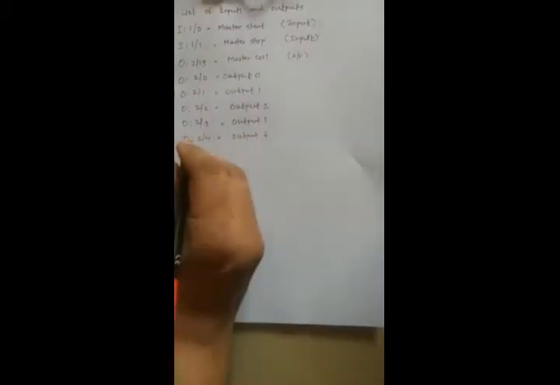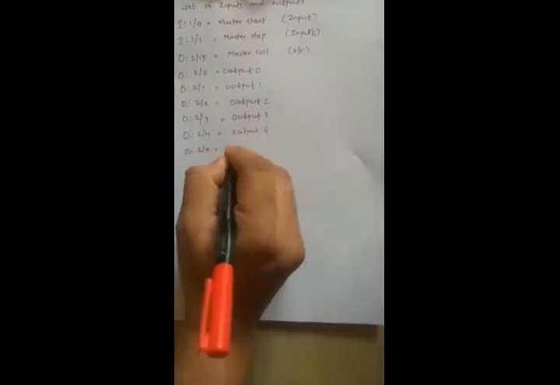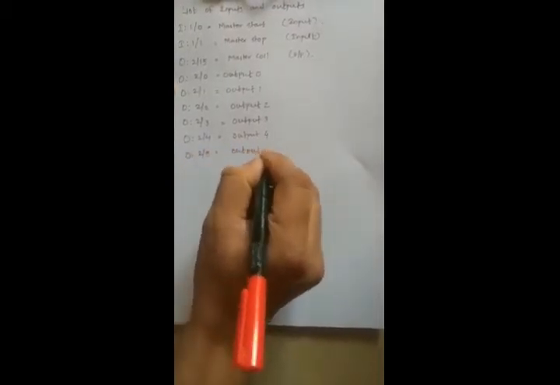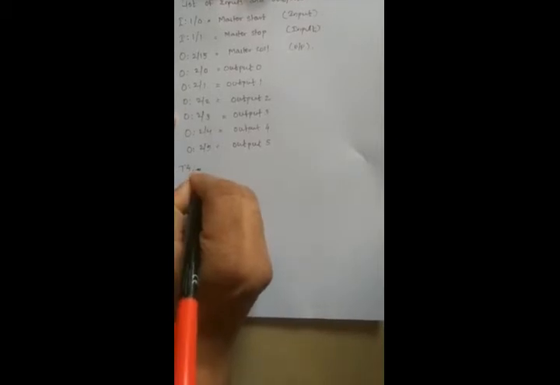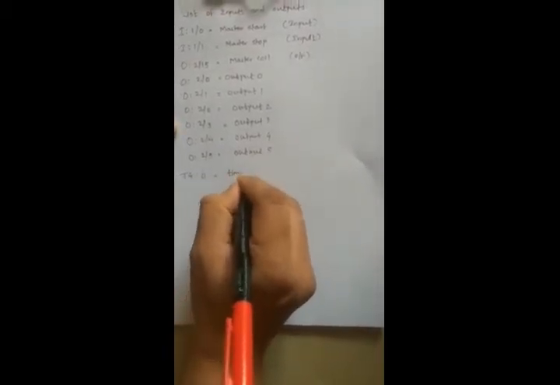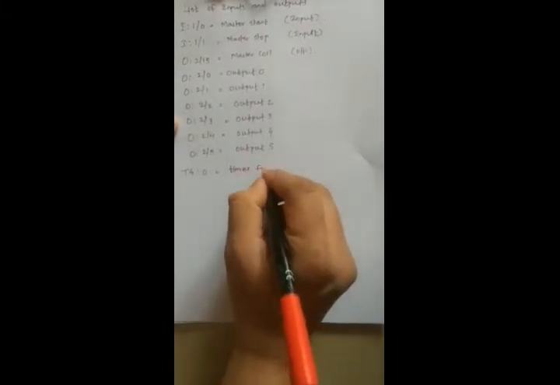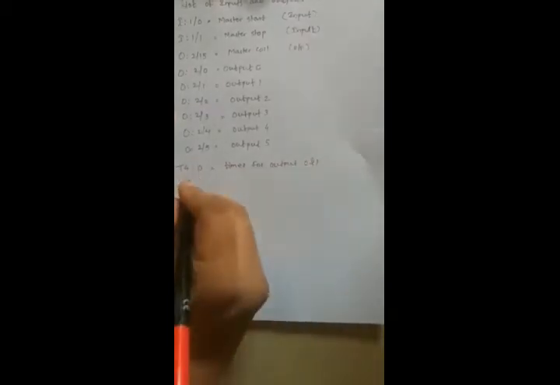So list out all the outputs which we are going to use. In total 5 outputs which we are using and one master coil, O:2/15. Now the timers which we are going to use, you have to list out the timers. The first timer T4:0 is used for output 0 and 1.